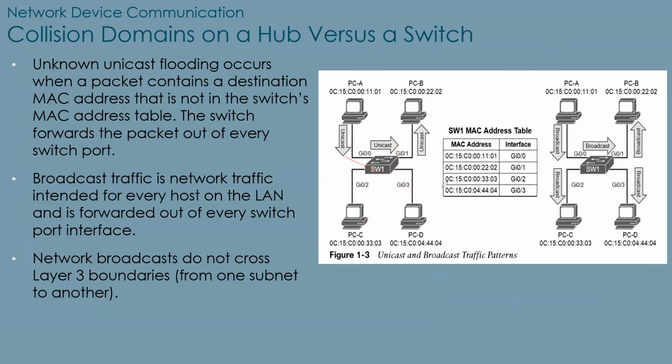But switches can do limited collision domains. That means the different PCs can be part of different VLANs, so they will broadcast only in the VLAN, right? So let's understand the collision domain on a hub versus a switch. Unknown unicast floods: I will not go through all the terms. I will explain from the diagram, so it will be easier.